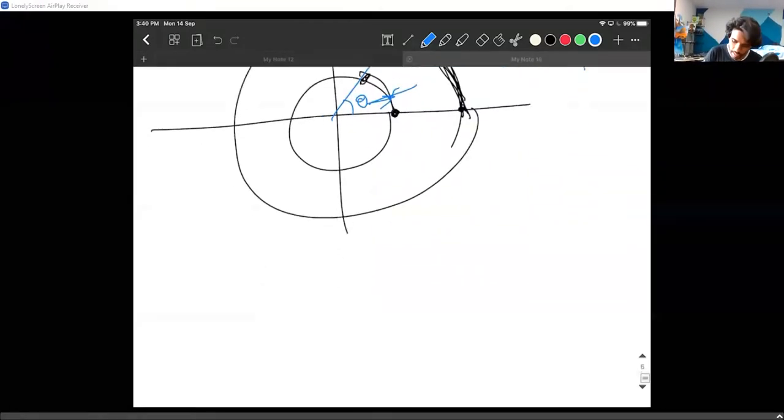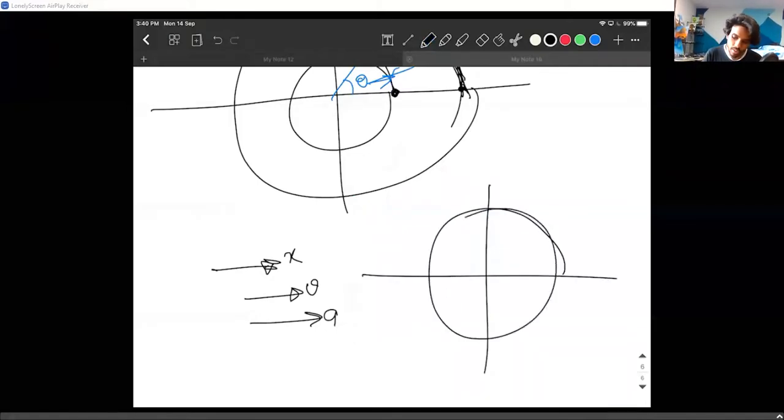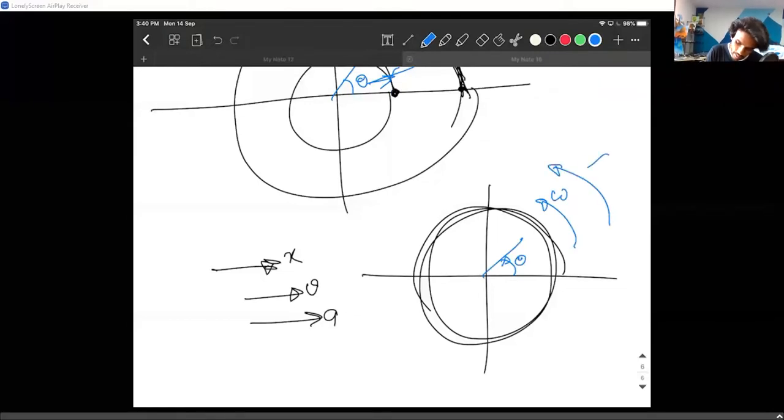Remember, in linear kinematics, we used to write x like this, velocity like this, and acceleration like this. But in angular quantities, I'm writing the angular displacement like this, the angular velocity like this, and the angular acceleration like this.